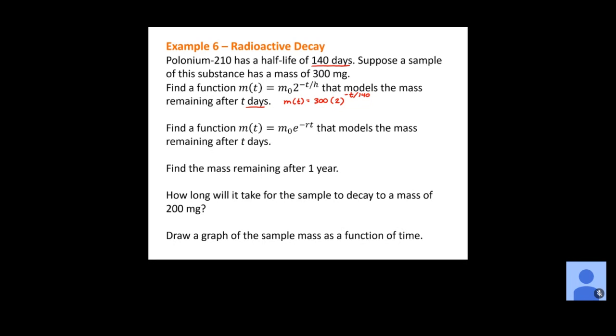Now the next piece here, we want to get this into this other form. Okay, so we need to know the rate of growth. Remember, we have the formula from the last slide that says that our rate of growth, or rate of decay, sorry, is equal to the natural log of 2 divided by the half-life, which in this case is 140. So we're going to take natural log of 2, divide that by 140.